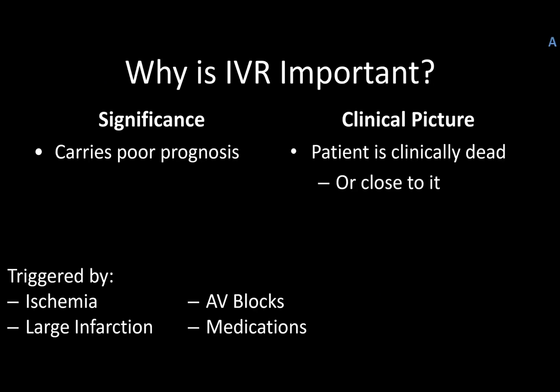So why do we care about idioventricular rhythm? Why are we bothering? Well, it carries a pretty poor prognosis, and that makes sense, right? It's that last effort to pump blood by the heart.